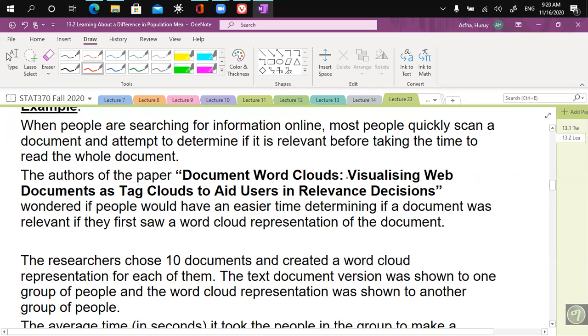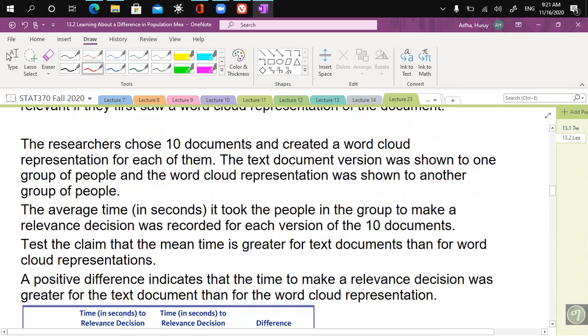So the researchers were interested in checking whether making some visualization of the document changes the readers' relevance decisions or not. They chose 10 documents from the web, and they created a word cloud representation for each of them.